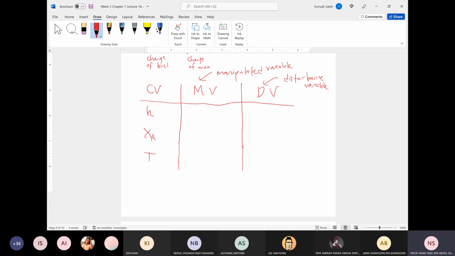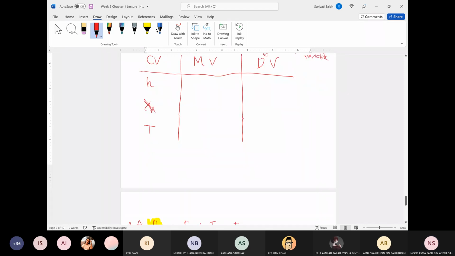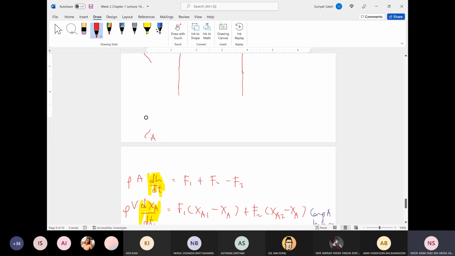And the disturbance is the variable that will affect our process from obtaining the value of the control variable. So you have the manipulated and disturbance. So if we take a look at the case here, for the overall mass balance, we have rho A dH over dt equal to F1 plus F2 minus F3.